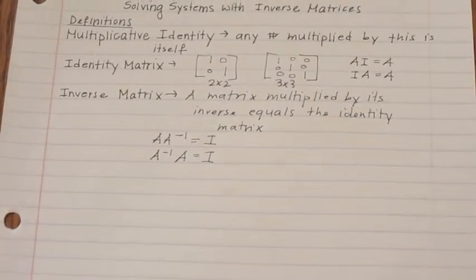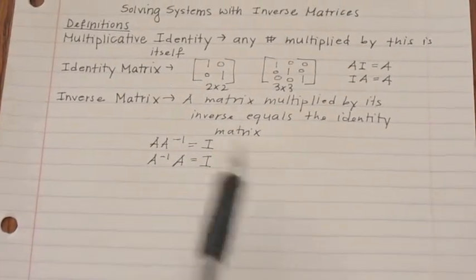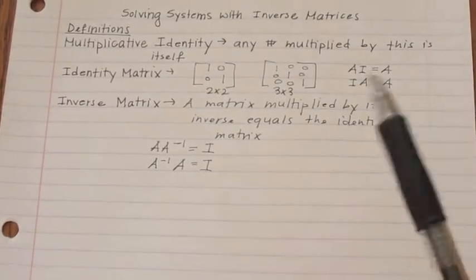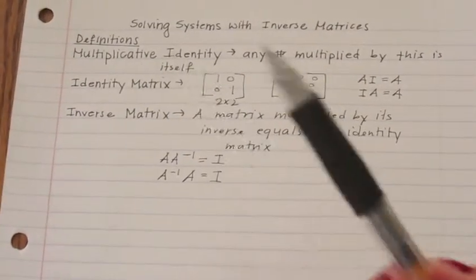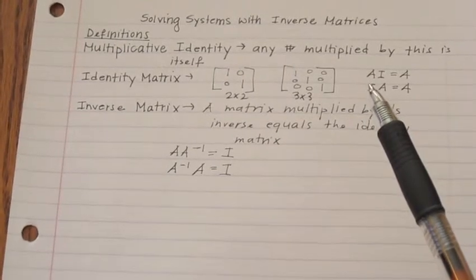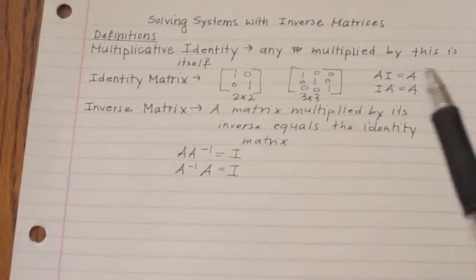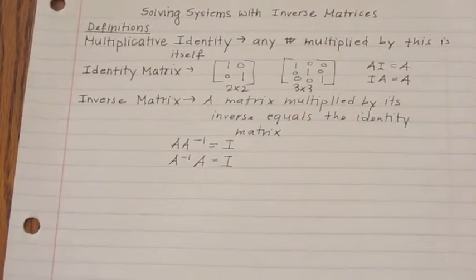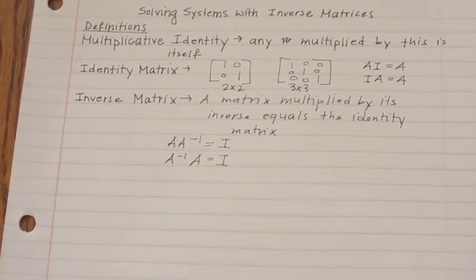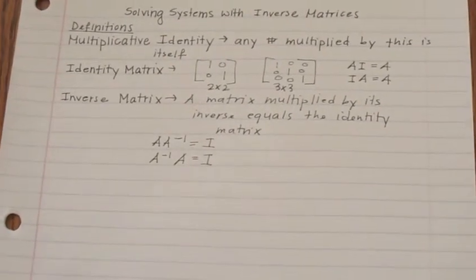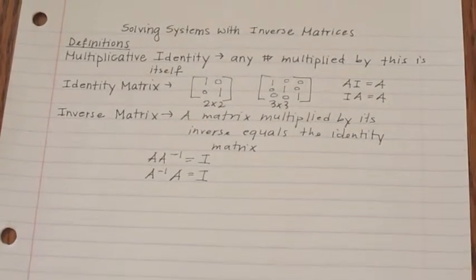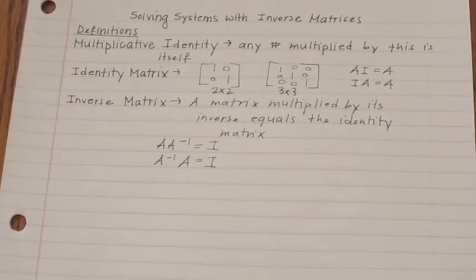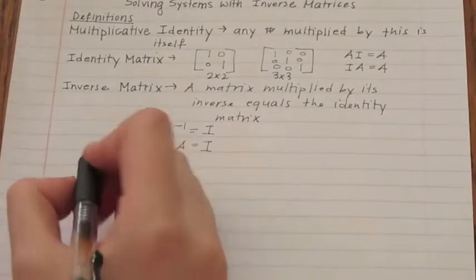So there are some properties that we will find out along the way. Like every matrix doesn't have an inverse. First of all, only square matrices have an inverse, and there are other properties like if one row is a multiple of another, then it does not have an inverse. But for the most part, we're going to be working with 2 by 2 and 3 by 3 matrices that do have inverses. So all these definitions will make sense when we get into an example, so let's do that.